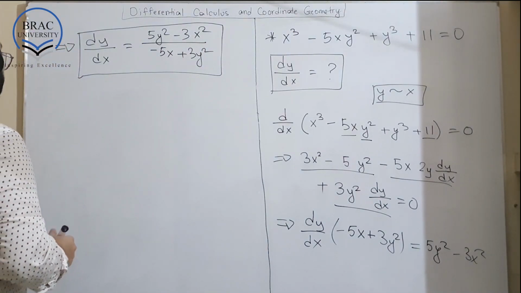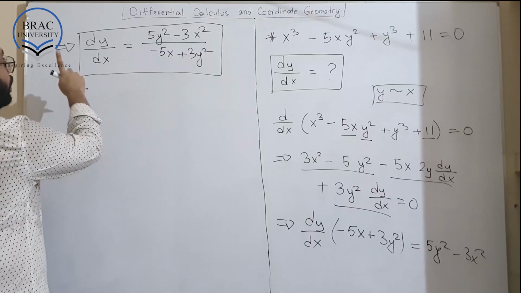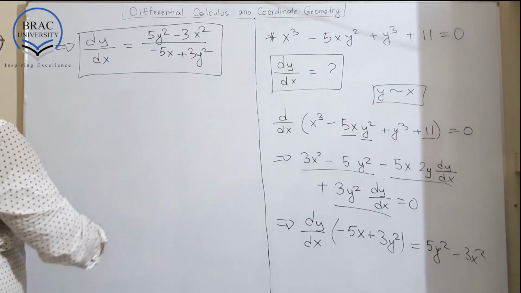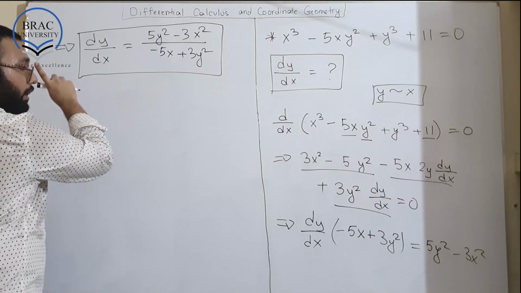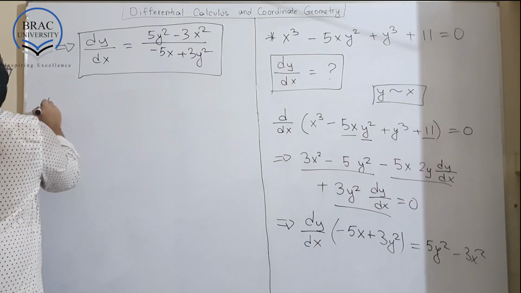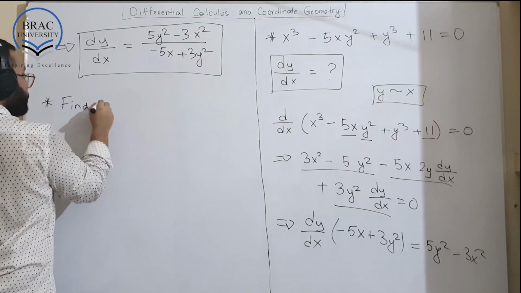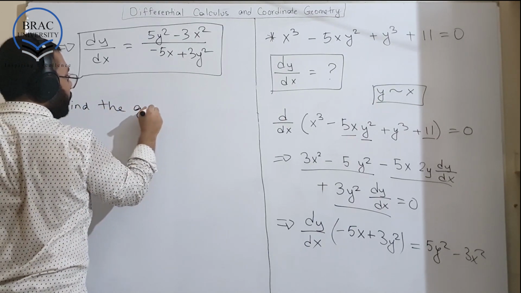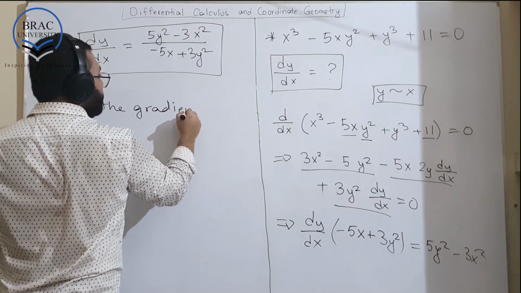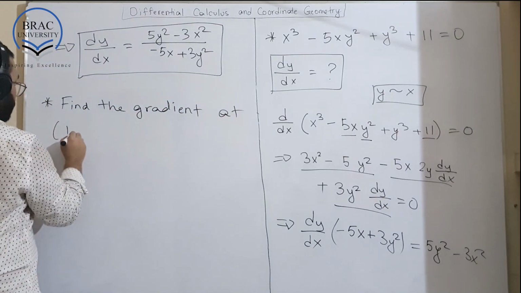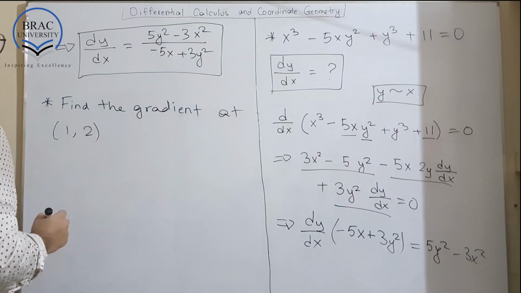Usually we are asked to find the derivative, also called the gradient, of y at a point. So we are sometimes told to find the gradient or derivative at, let's pick a point, (1, 2).